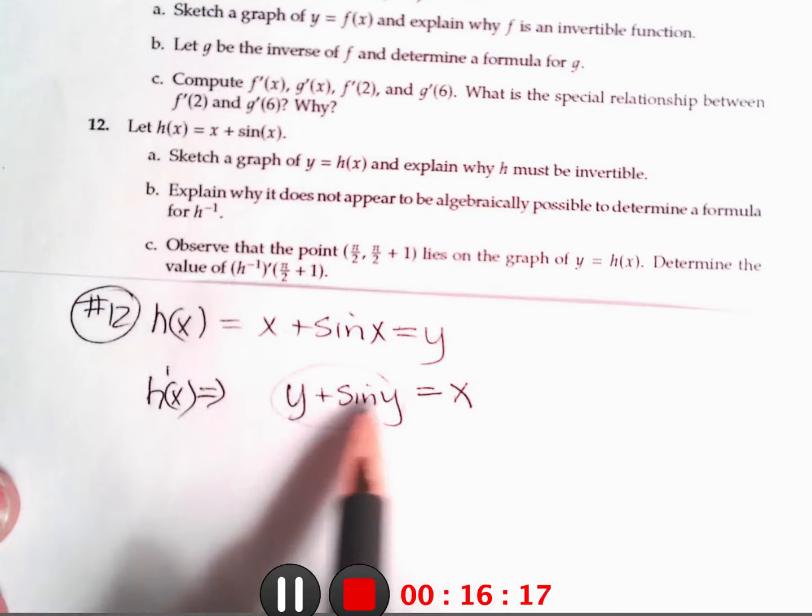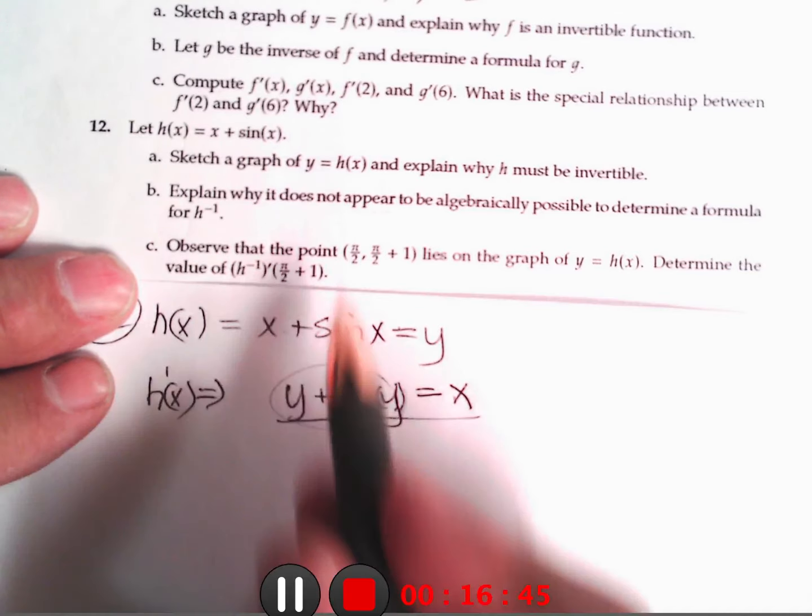So we can't factor out a y, we can't do anything. This is algebraically really tough to do at this level. So for us, it basically does not appear algebraically possible. Okay? Now, if you learn some later tools, you might be able to solve it.